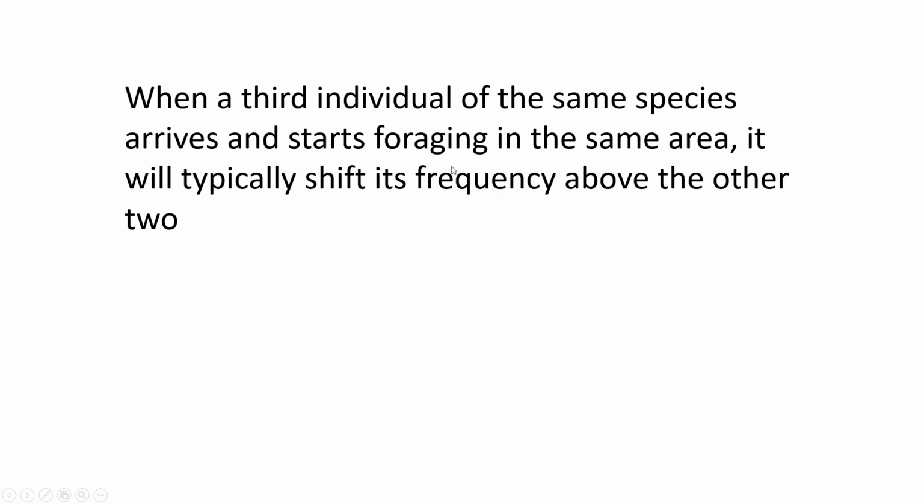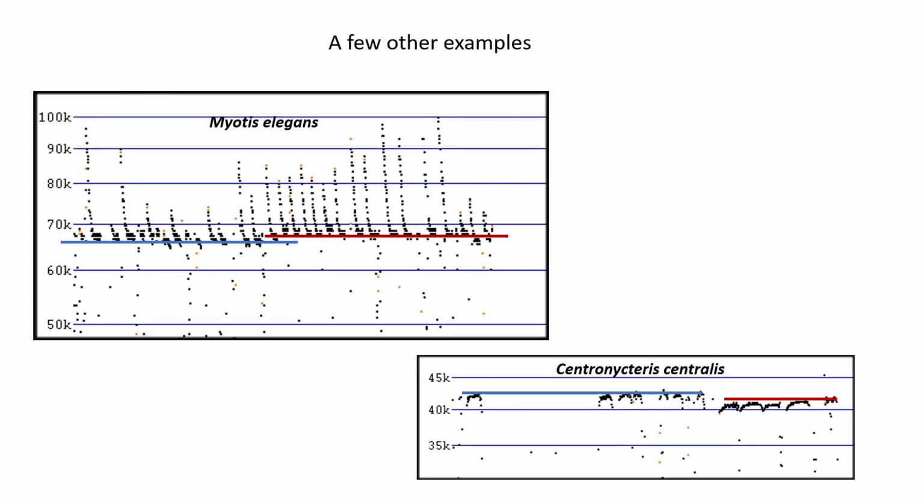If a third individual arrives in the same area, it will typically shift its frequency above the other two. So if the original was calling at 72, the second bat down at 68, this one may raise up to 74. Here's a couple other examples. Here's Myotis elegans, a vespertilionid.